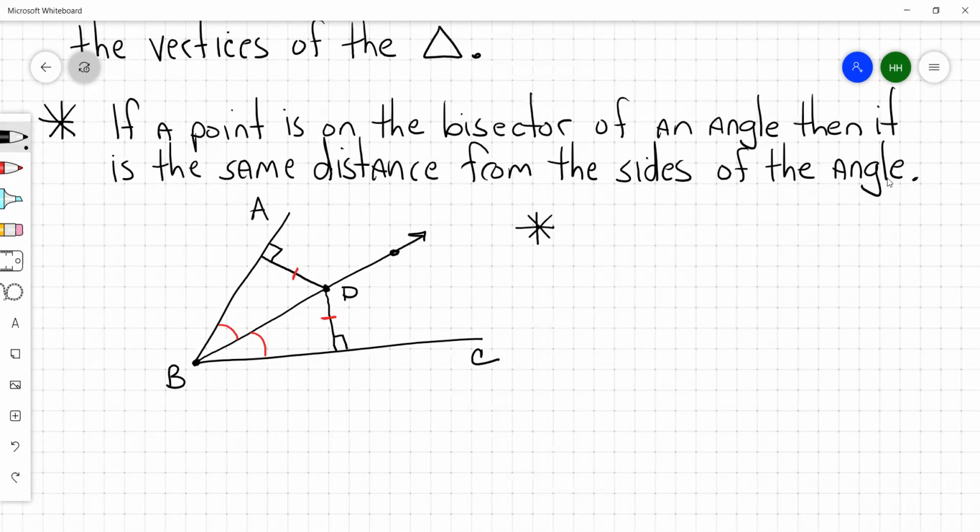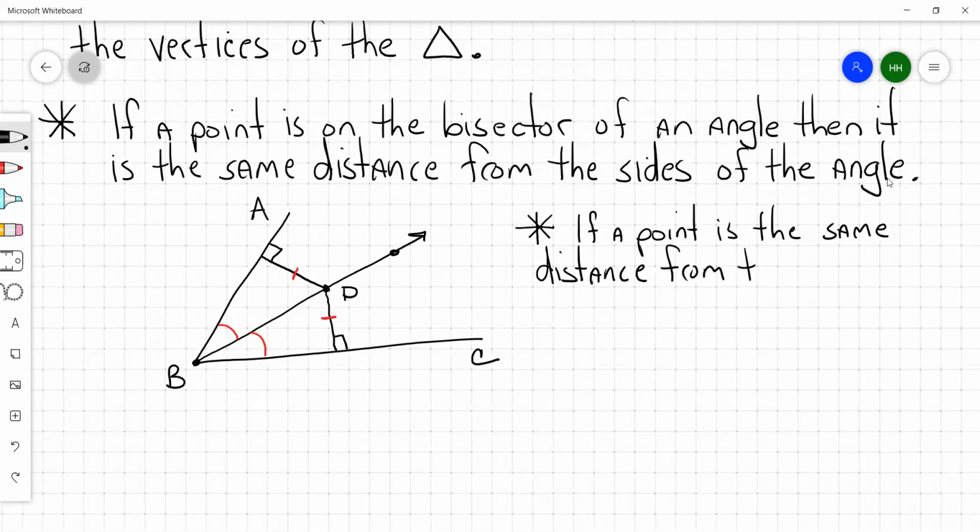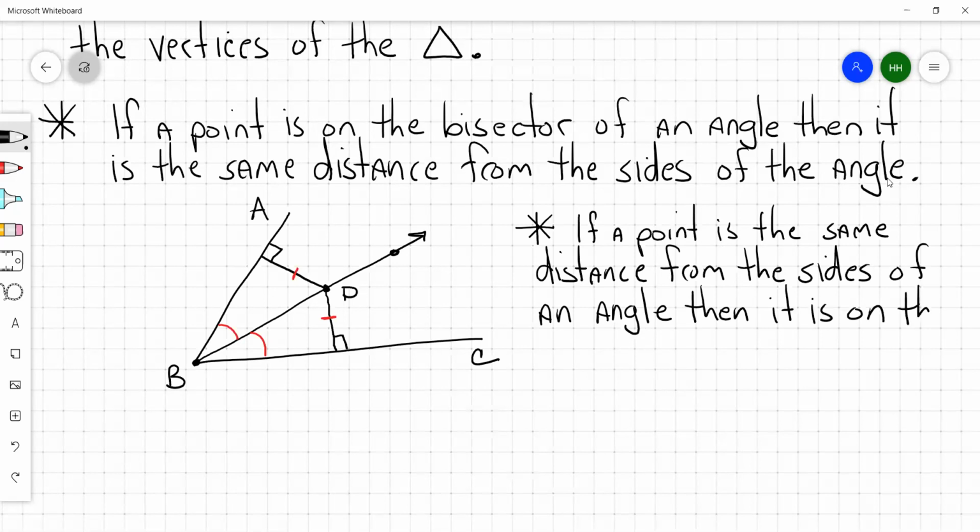The converse is also true. If a point is the same distance from the sides of an angle, then it is on the angle bisector.